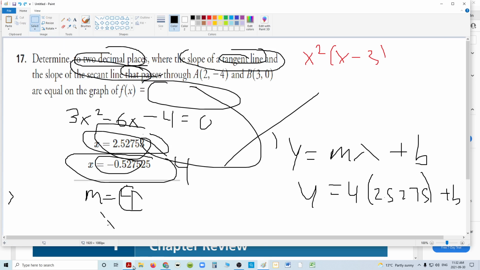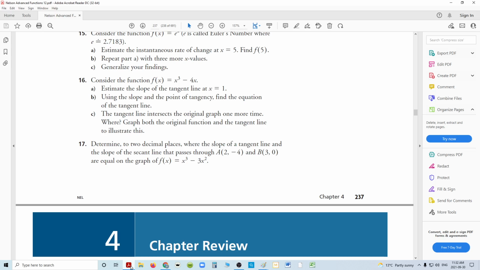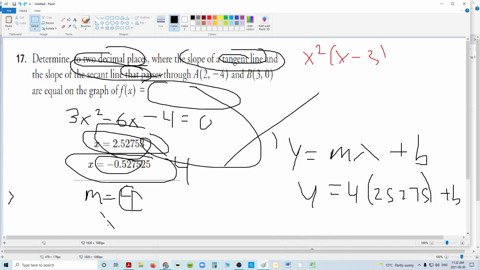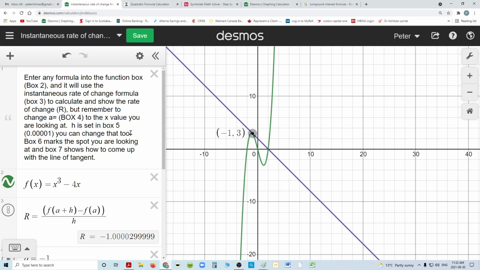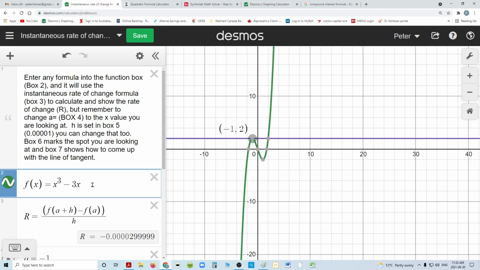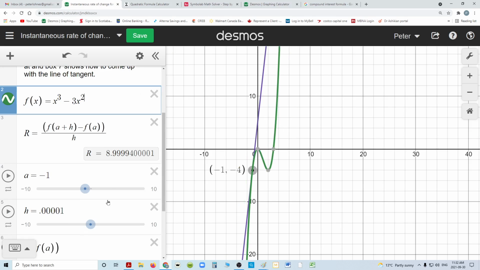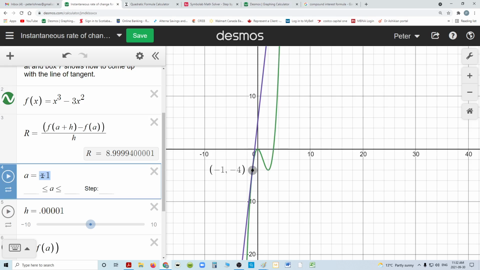What was the original equation? It was x cubed minus 3x squared. I'm going to let Desmos do it instead. X cubed minus 3x squared. And I'm going to find out when this is 2.52, almost.